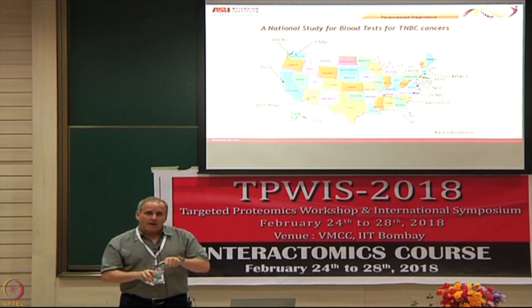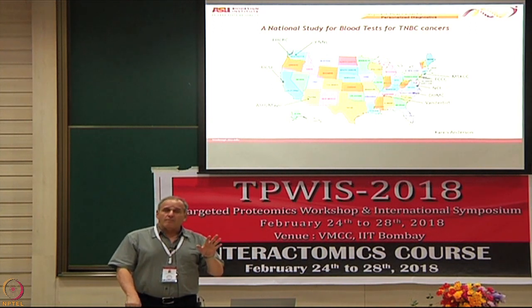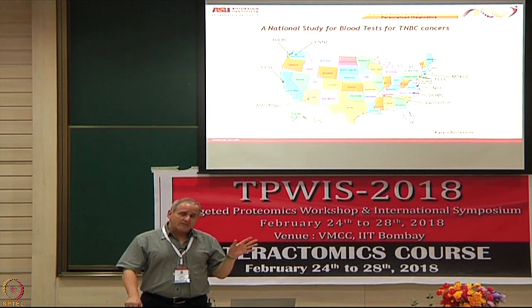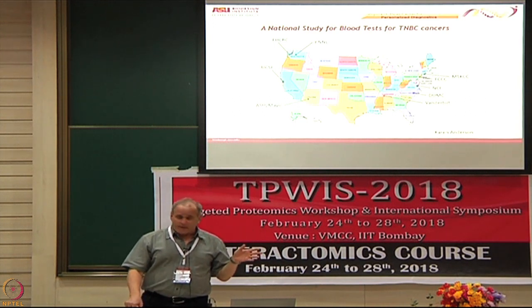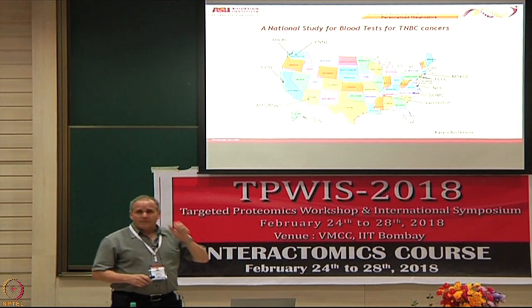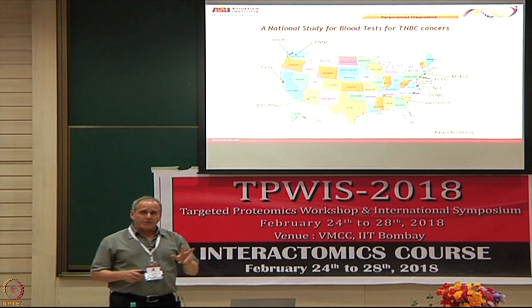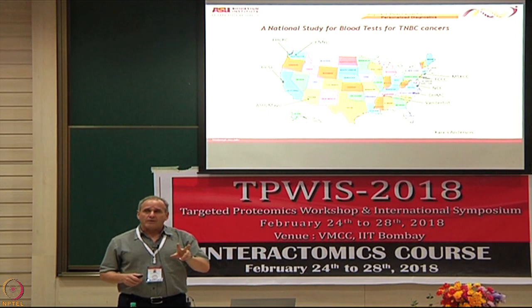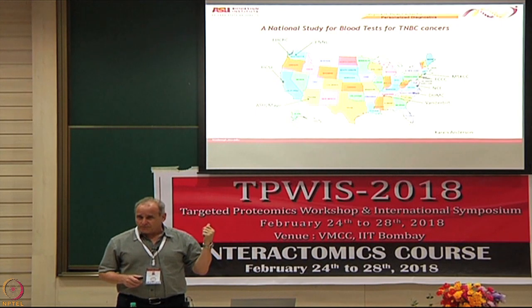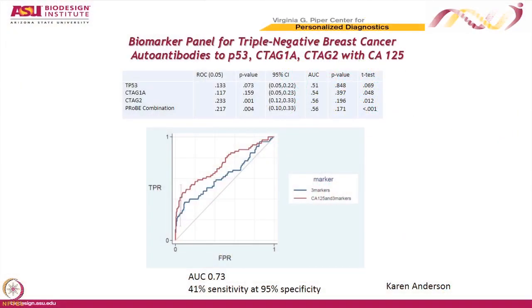It was a fully blinded study, so all of the participants were given unmarked samples and asked to test them and predict cancer for them. There were over 80 markers tested. And after all of that, the only markers that held up were our antibody markers that I just showed you. And those markers, whoop, there they are. So p53, CTAG A and B.